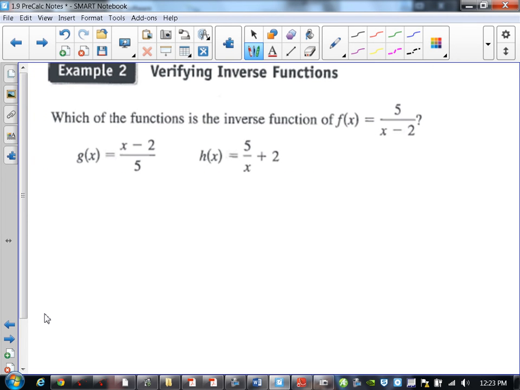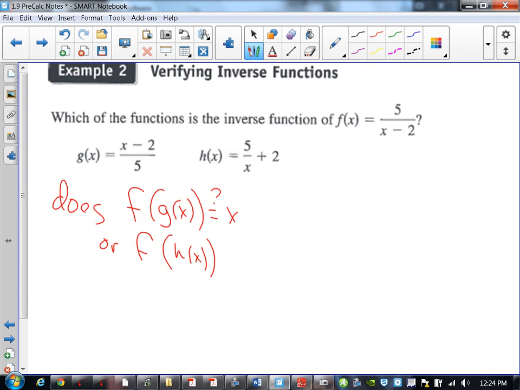In order to check to see if some of these are inverses of one another, basically we're taking this f equation, 5 over x minus 2, and we're going to check, does f of g of x equal x, or f of h of x equal x?